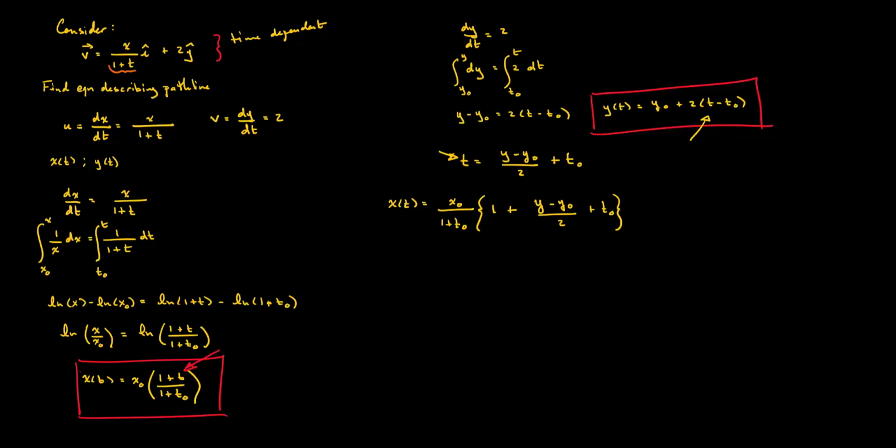Okay, and with some manipulation, because hopefully we know how to plot things generally when they're in the form y is equal to f of x, we're going to isolate y.